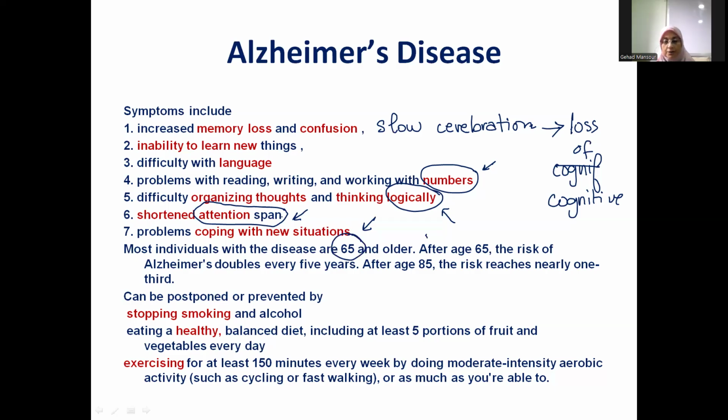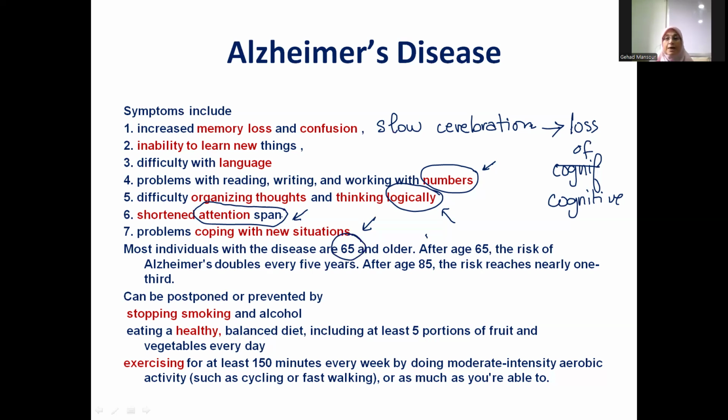So if the risk, for example, at the age of 65 is 2% of the population, then at the age of 70, it would be 20%. At the age of 75, it would be 40%. But actually, at the age of 85, the risk of getting Alzheimer's disease is about 33%. I mean, 33% of the population.